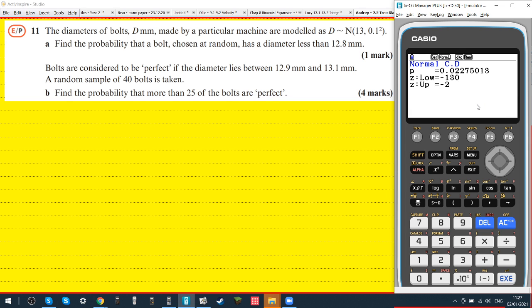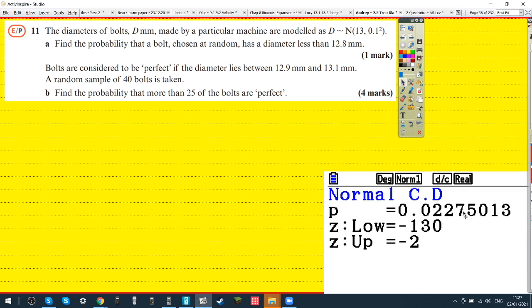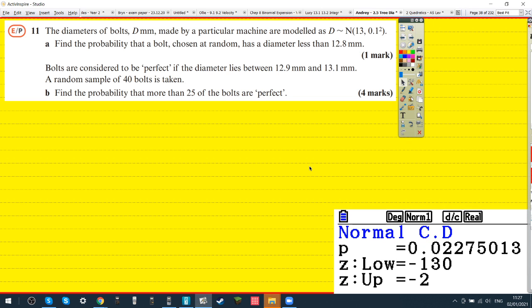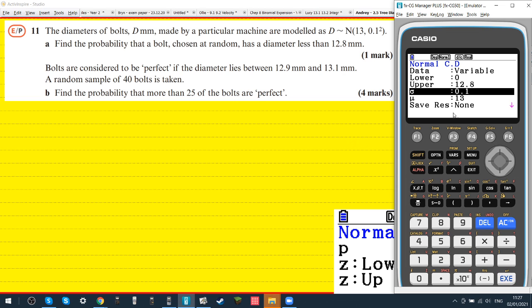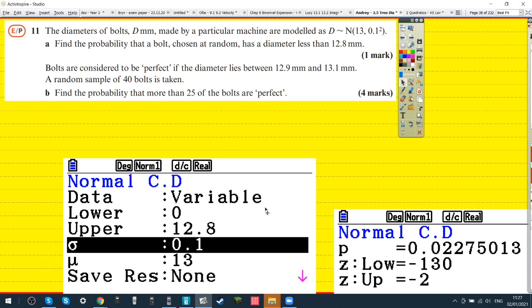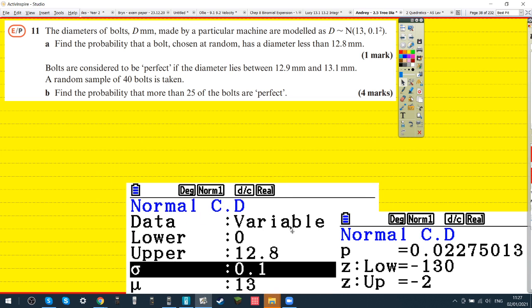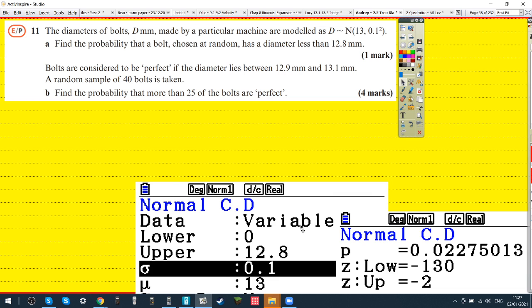So now I think I need to do binomial cumulative distribution, lower 12.9, upper 13.1.